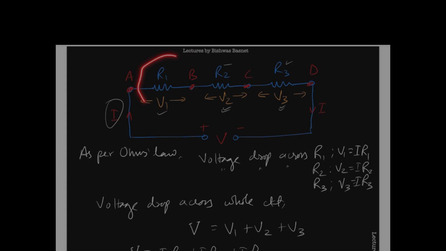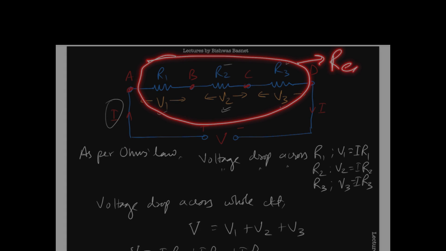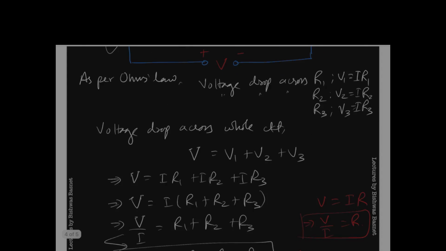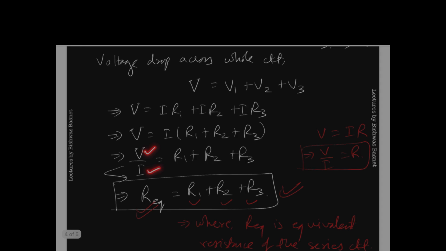If I have to find the equivalent resistance of all these three, I will call that Req, right? That's for the whole circuit. Make sense? Since these two elements were for the whole circuit, this should be for the whole circuit. And since it's something that's virtual or derived, we'll call it R equivalent.